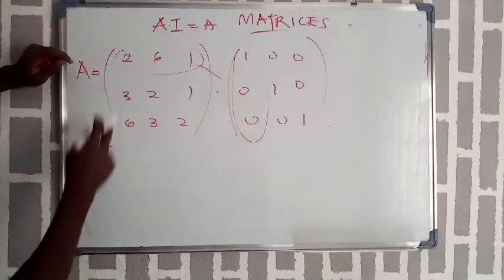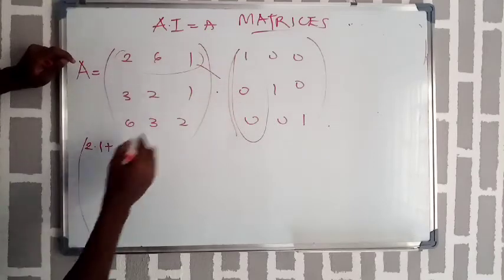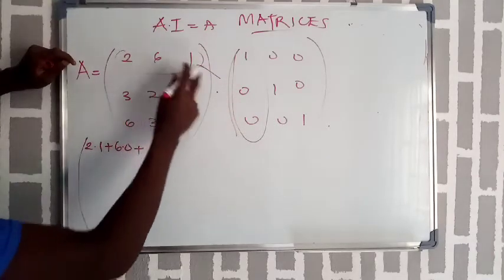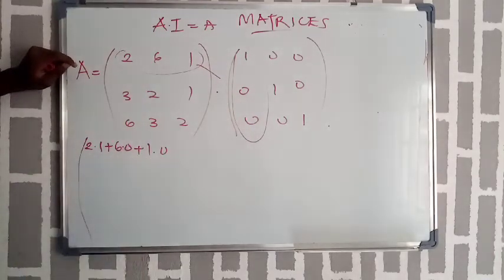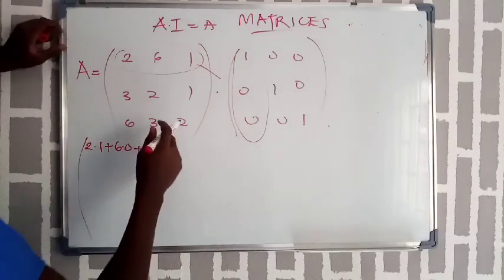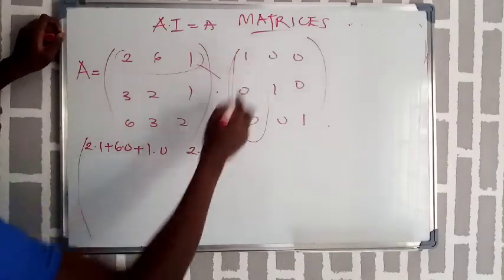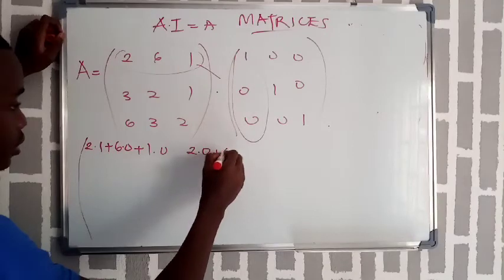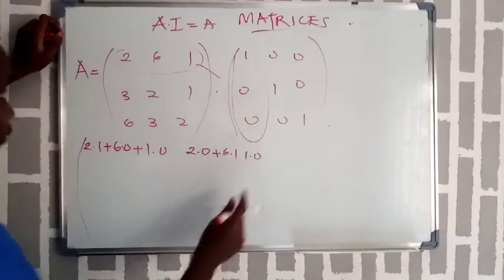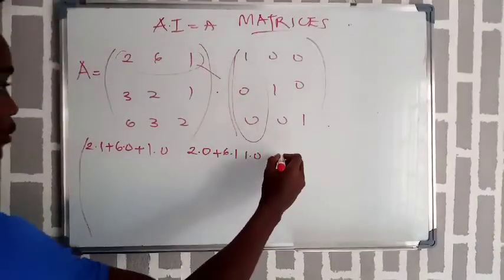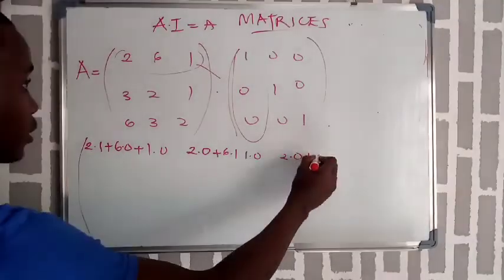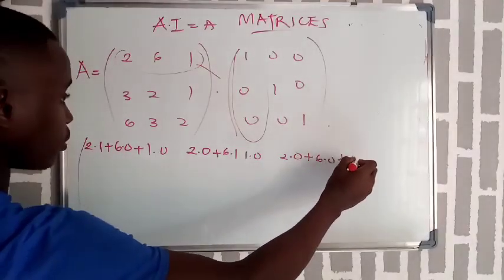So go with 2.1, 6.0, 1.0. For the second line now, go 2.0, 6.1, and 1.0. For the third one now, go with 2.0 plus 6.0 plus 1.1.